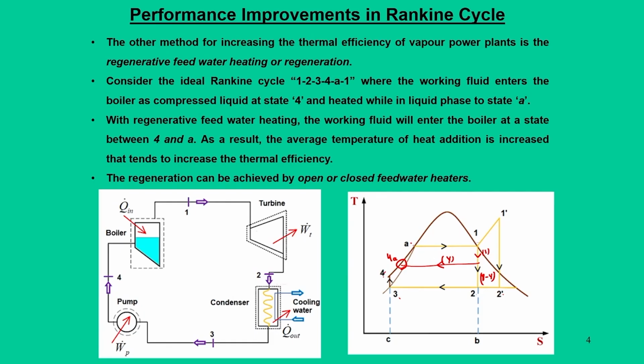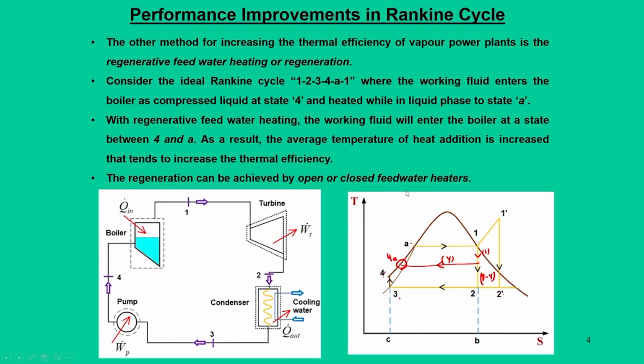In fact, this is more logical in many senses, because most of the time we have exhaust streams coming out at various locations in the power plant, and those exhaust streams can be tapped for this kind of heating. This method we call feed water heating or regeneration. It can be an open system or a closed feed water heater.